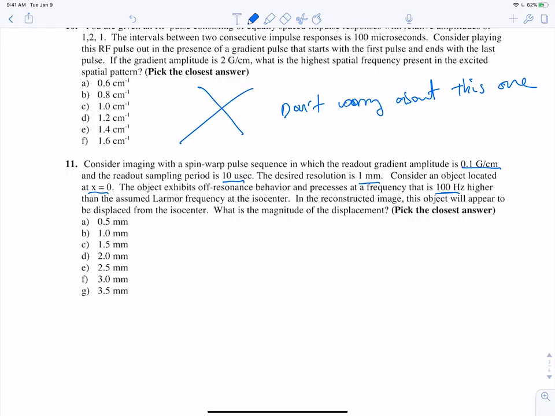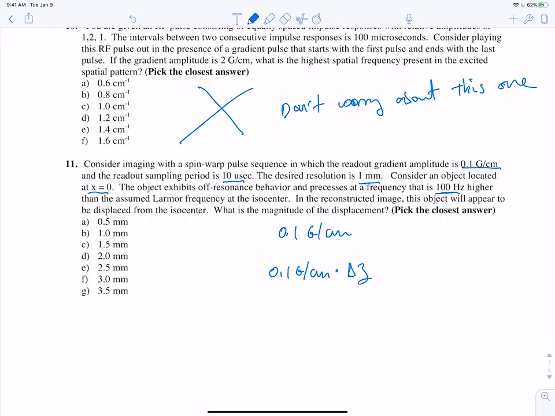In this case, you're told you have a gradient of 0.1 Gauss per centimeter, right? So the question is, how far off do you have to go for that spin to process at 100 hertz? So there's 0.1 Gauss per centimeter. That's my gradient, and I know there's some delta z that I'm trying to solve.